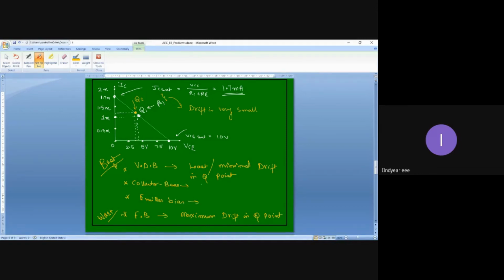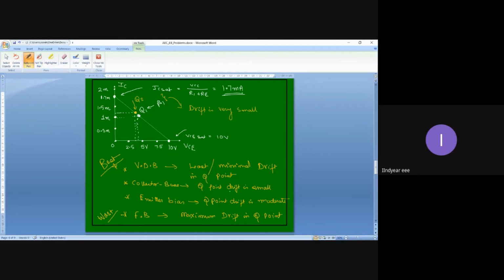Here the Q point drift is small, and here the Q point drift is moderate.